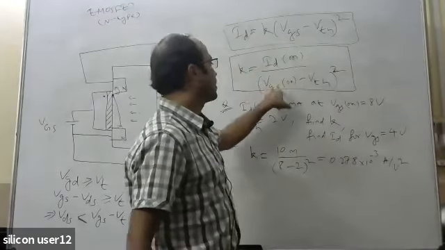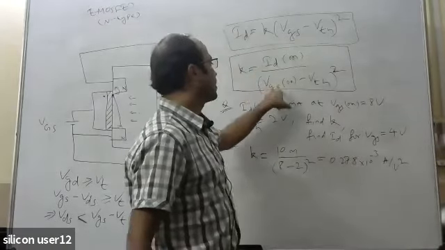VT equal to how much? You calculate. Can you calculate it? Yes or no?